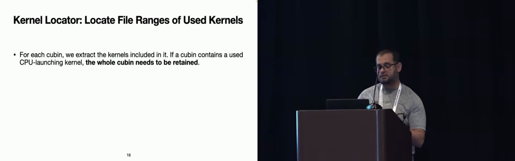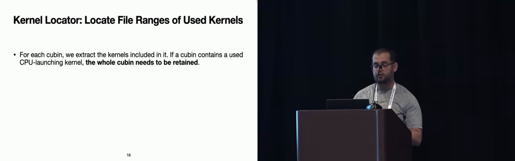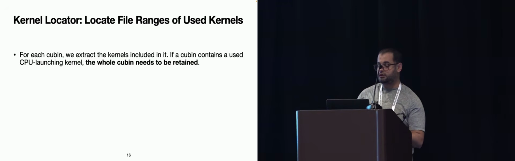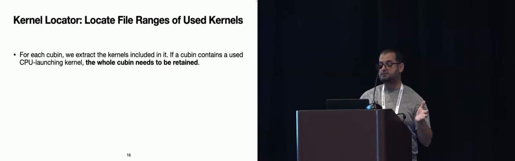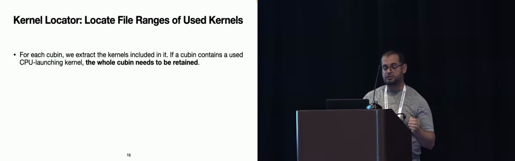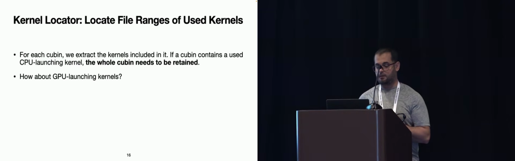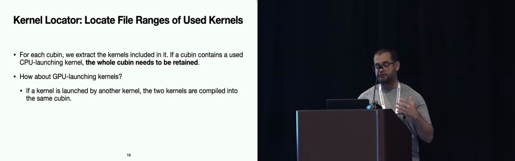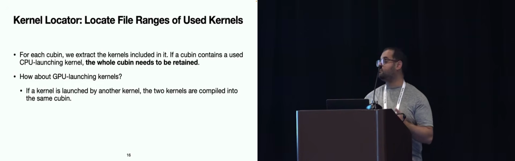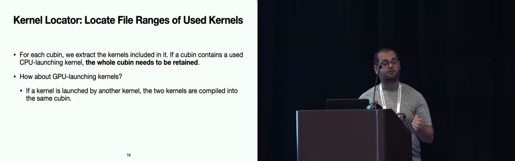So what it does here, for each cubin, the authors extract the kernels included in it. If a cubin contains a used CPU launching kernel, the whole cubin needs to be retained. So how about GPU launching kernels? If a kernel is launched by another kernel, the two kernels are compiled into the same cubin.